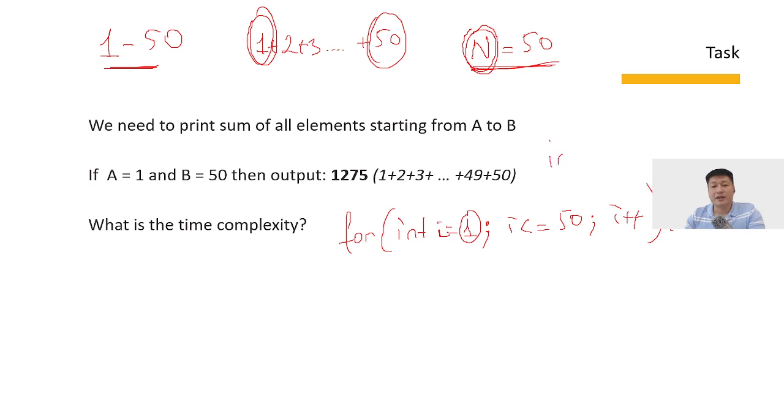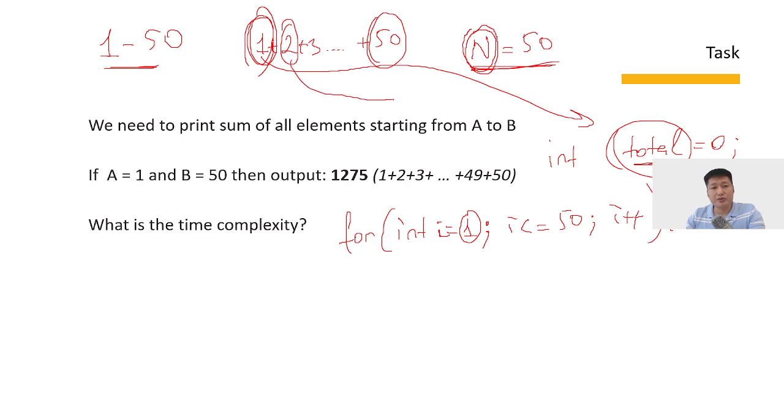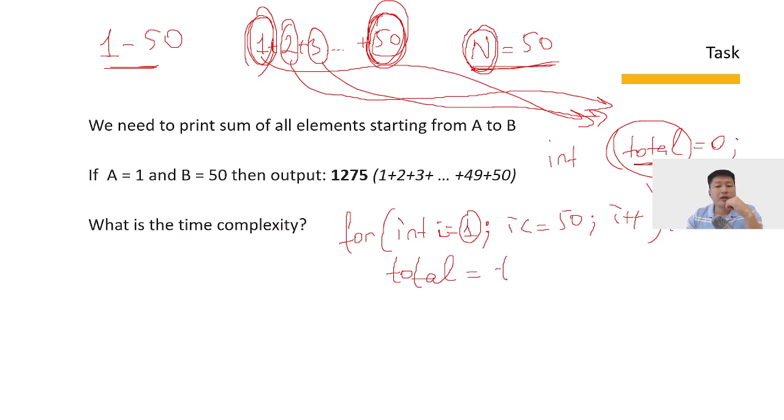And we have a variable called total, which is equal to 0 in the beginning, and to this total we will be collecting all numbers. We take 1 and add it to total, take the next number 2 and add it to total, and so on, and the last we add 50. So we say total equals total plus i.